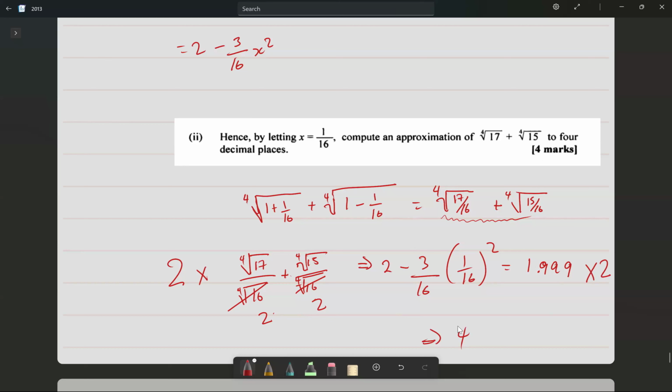That sounds wrong too. Let me put it in the calculator for the exact value. 17 to the power of 0.25 plus 15 to the power of 0.25. Final answer? Yep, that's right. So it's 4.00 to 3 significant figures.